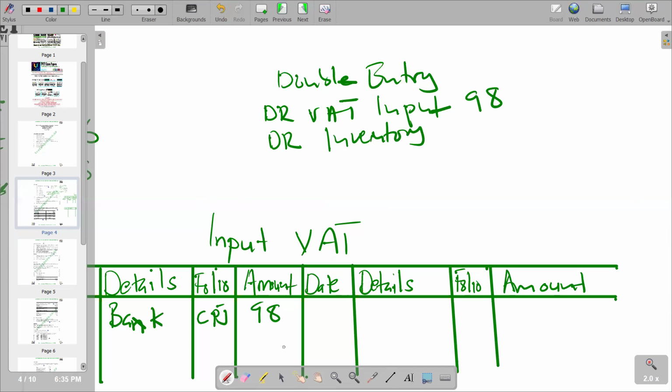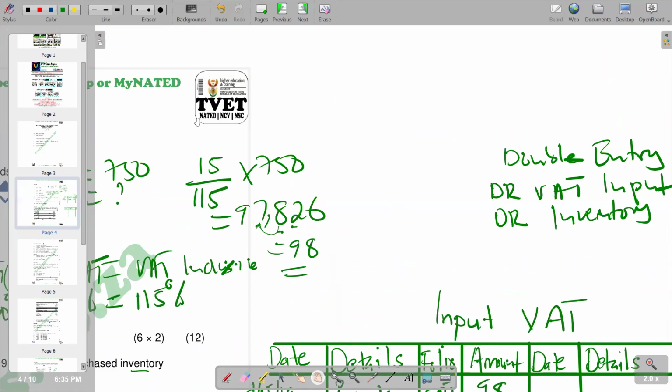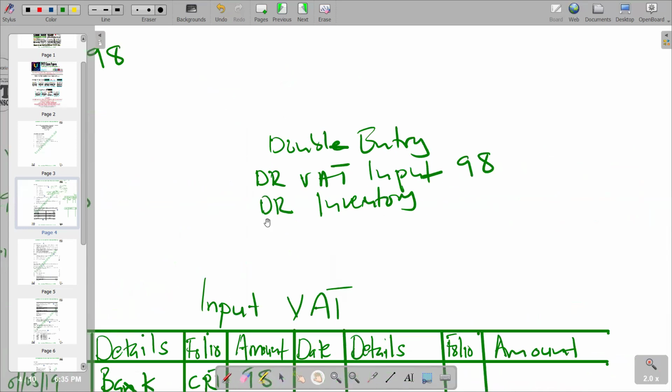So VAT exclusive, we are now saying 750, which is our inclusive, minus the VAT component, which is calculated as 98. Then we get the exclusive amount. So 750, we subtract our 98, and then we get 652. So 652 is now the exclusive one.